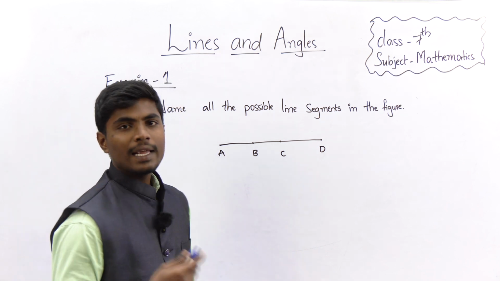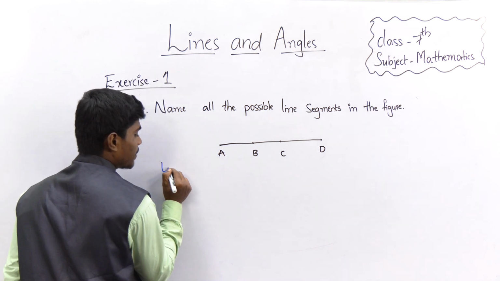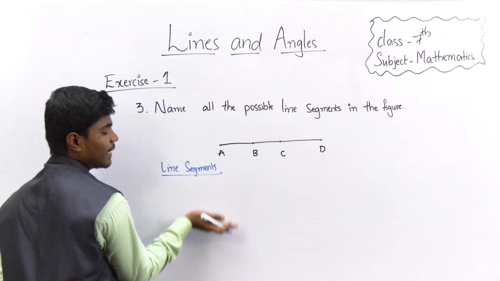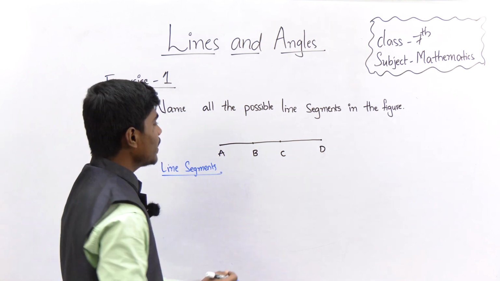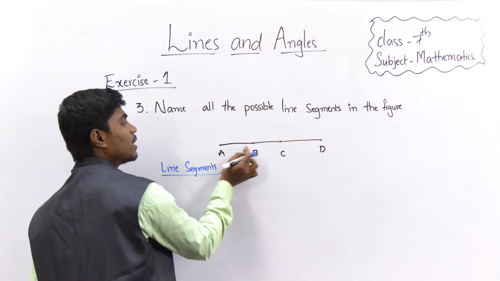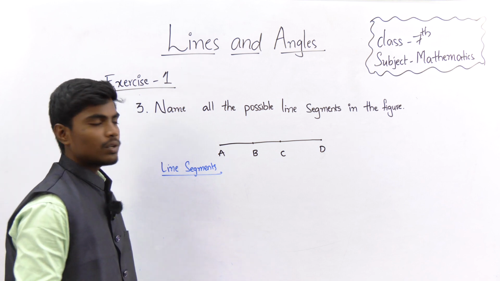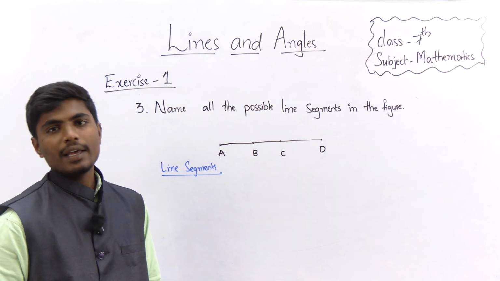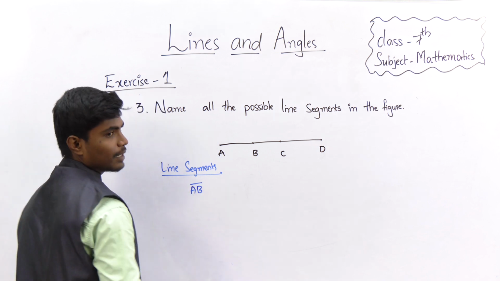So here let's take the first point, A. We are writing the line segments. Point A and point B, these two are points and one line is joining them. So AB is a line segment.